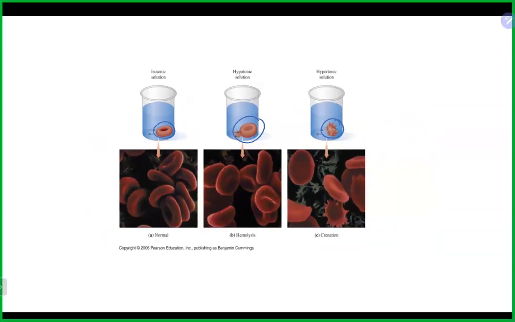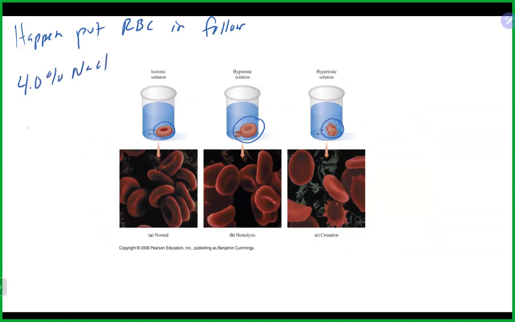So what will happen here if we put a red blood cell in the following? Let's do a 4% sodium chloride solution, a 2% glucose solution, a 0.9% sodium chloride solution.